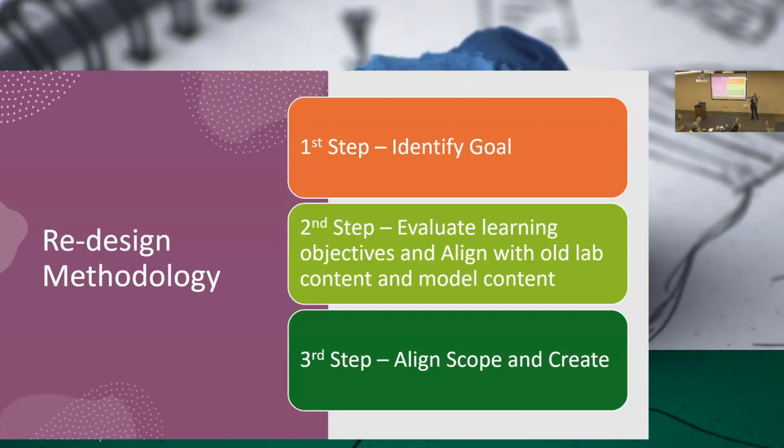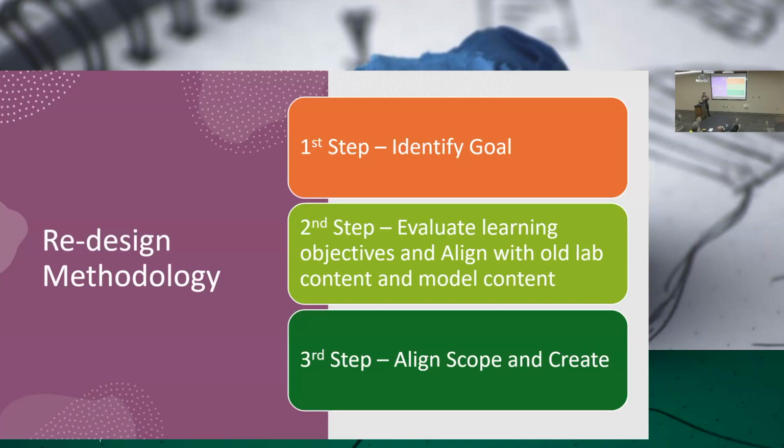We devised three steps to this process. The first was what we were going to use as our target for what that problem-based format was going to look like. Second, how we were going to make sure our learning objectives meshed with our content.